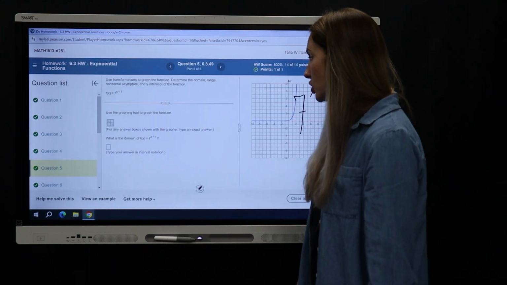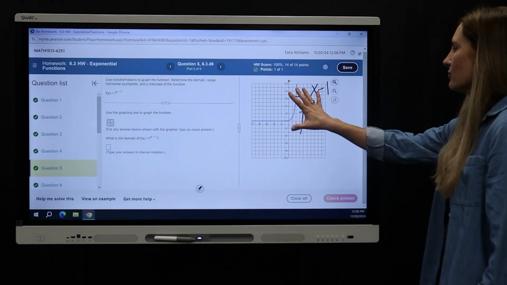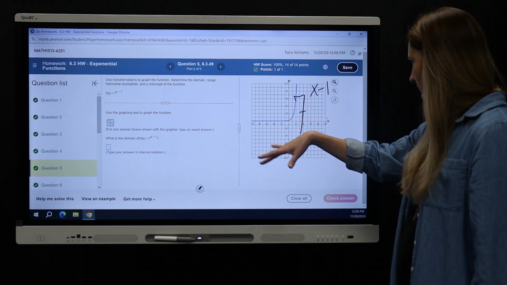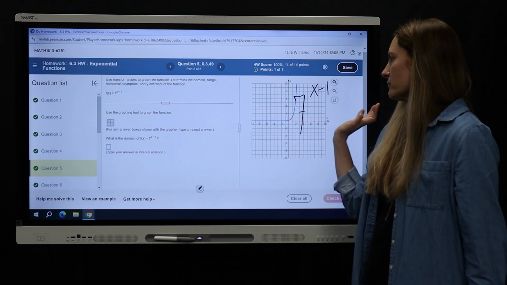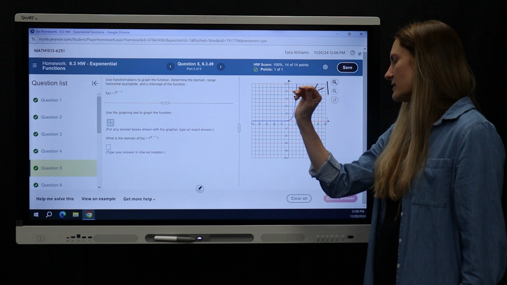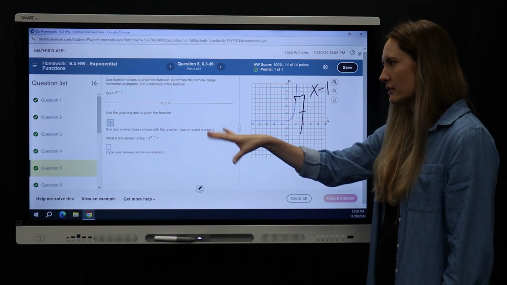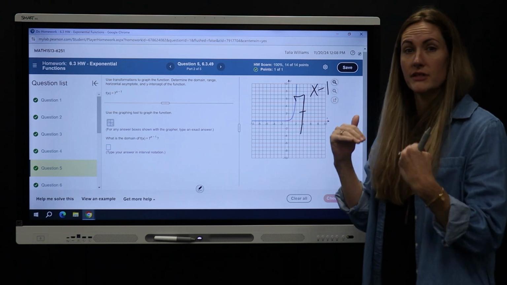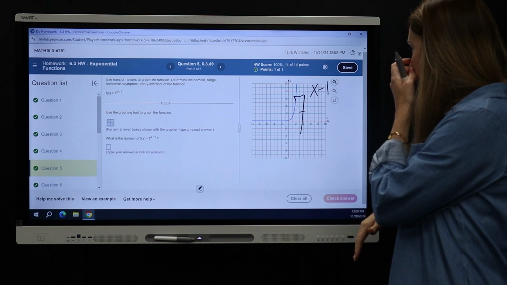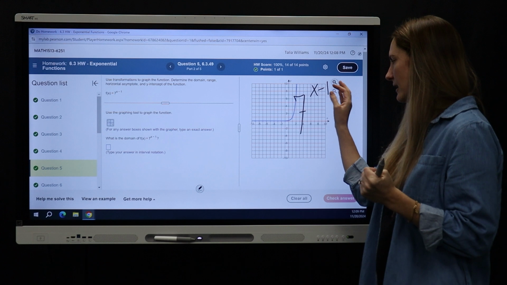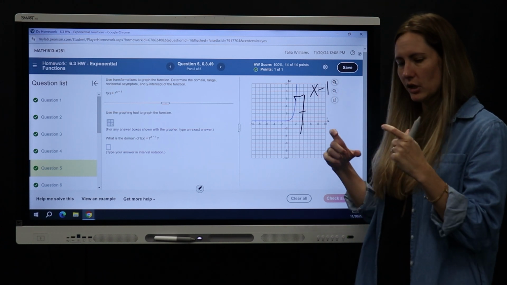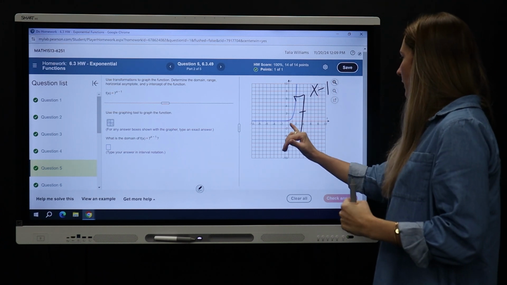Okay. What is your domain? So our domain is unrestricted on these because it goes all the way down to the negatives. It's never going to be less than 0 though, unless we have a transformation that moves it down. Because when we have it to that negative exponent, it's just making it smaller and smaller fractions.